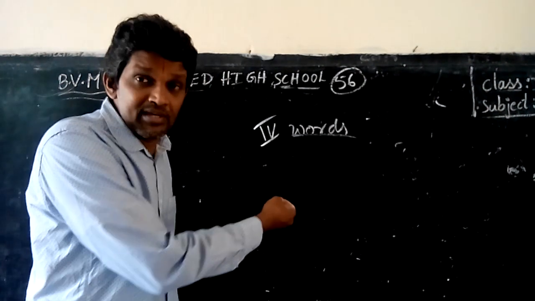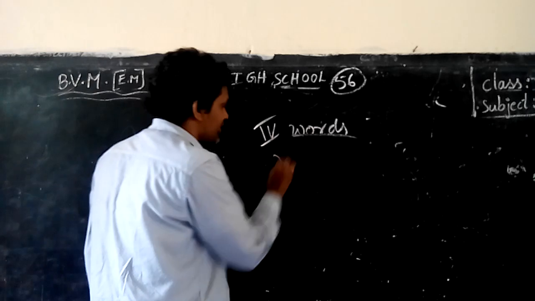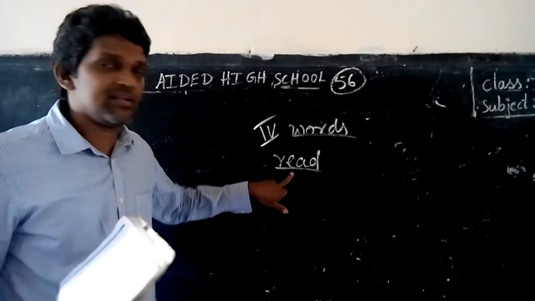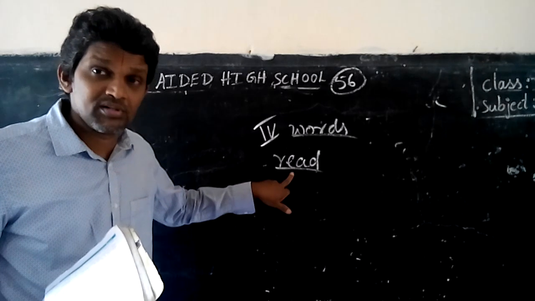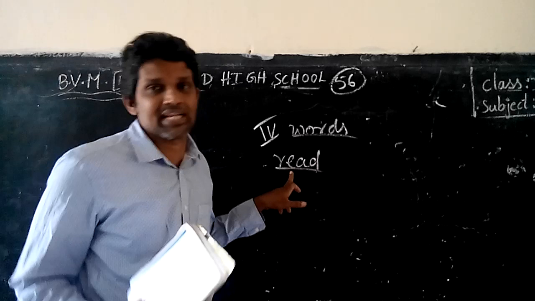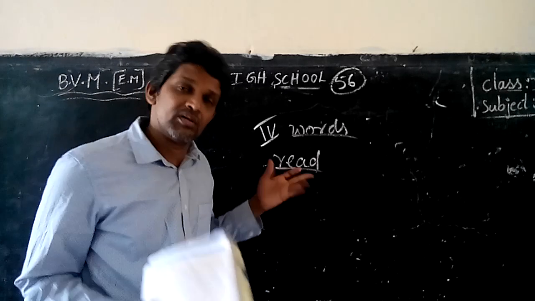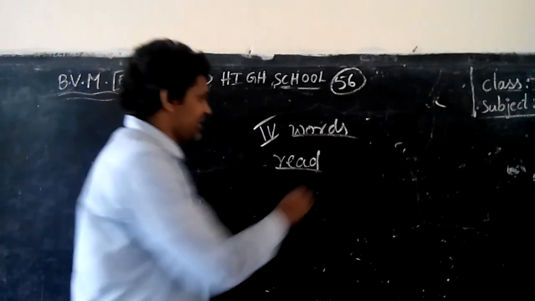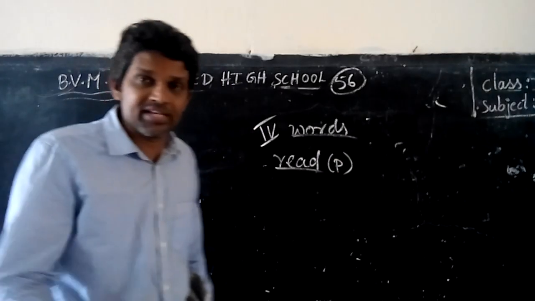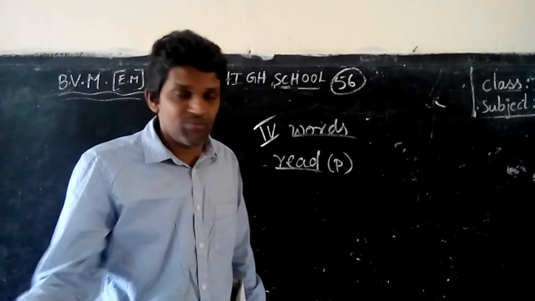So in the recent point I explained about "read". So how to pronounce this word, sir? So you may get a doubt. Some people read it as "reed", some people read it as "red". Which is the correct form? So both are correct, but when it is in the present form, we read it as "reed". I read this book, I read that book, like that.